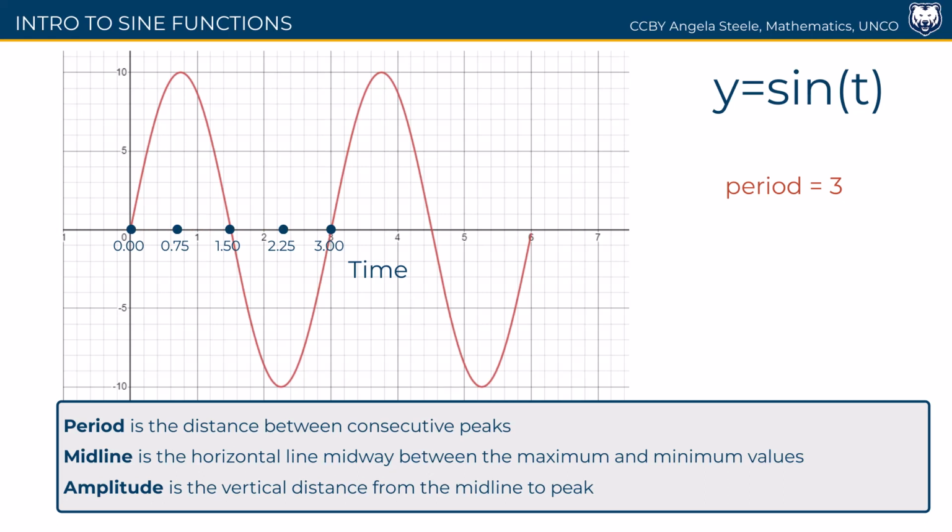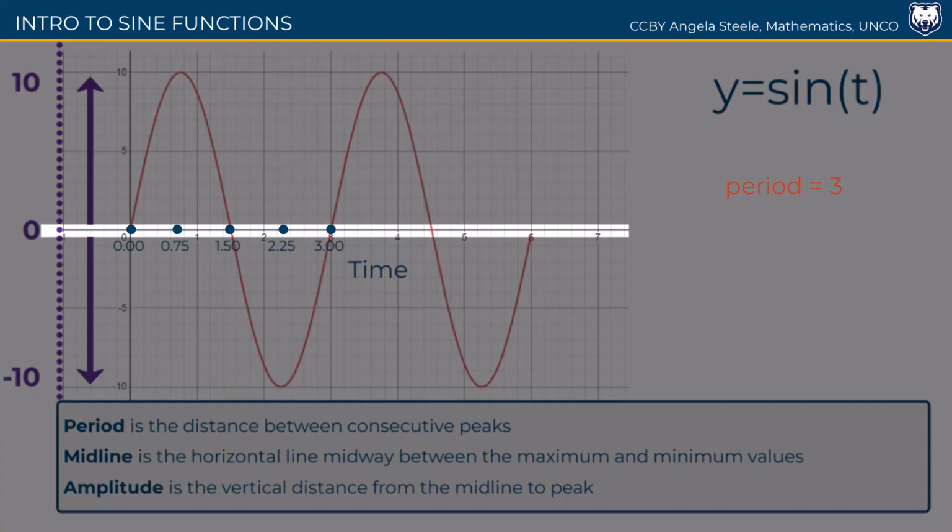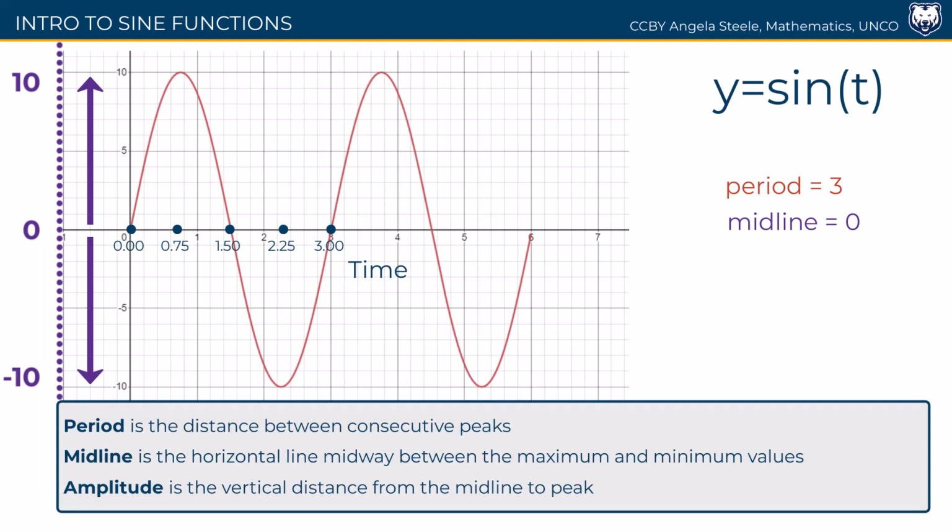All right, next let's talk about the midline. The midline is the horizontal line midway between the max and the minimum values. You can see on our graph here that we are 10 units above, and then we are also 10 units below. And so our midline in this case is going to be right in the middle of the 10 and the negative 10. So in this case, our midline is going to be 0.